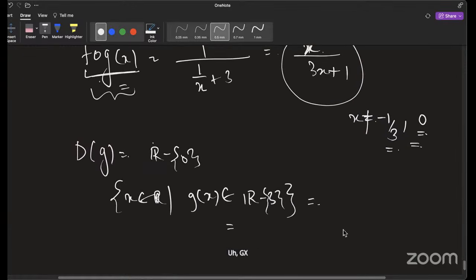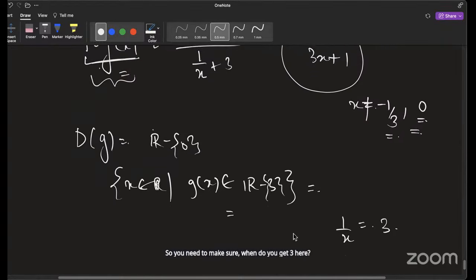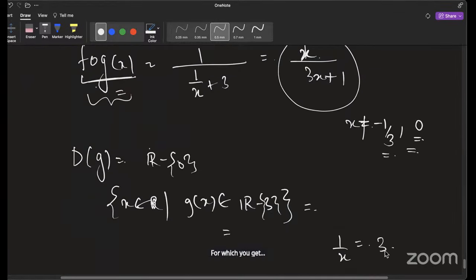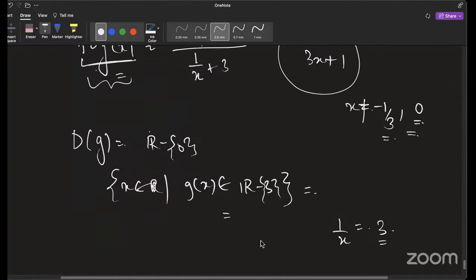So you need to make sure, when do you get minus 3 here? You need to remove that point for which you get 1 upon 1 by 3. It's 1 by 3, so you should be removing 1 by 3 as well.